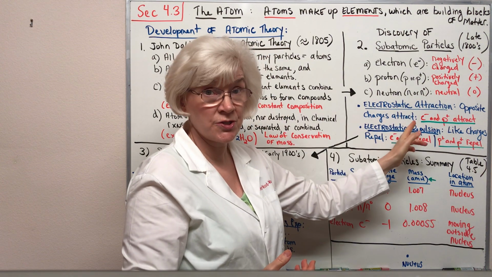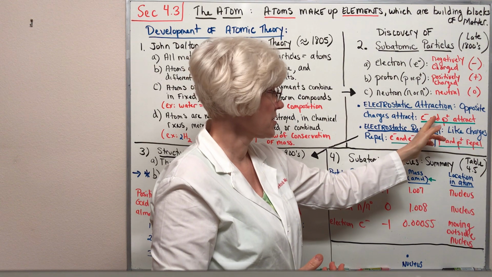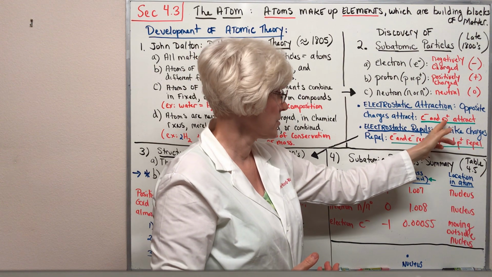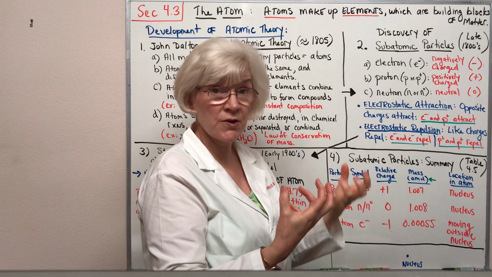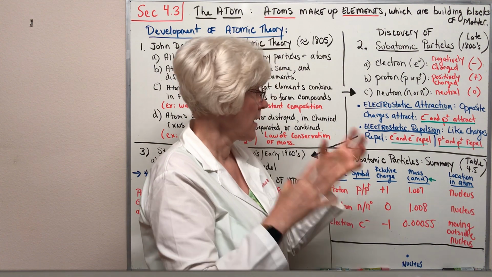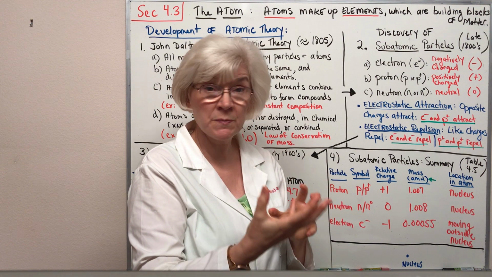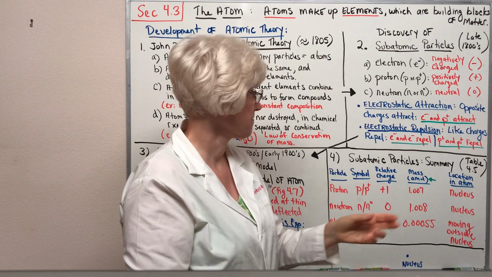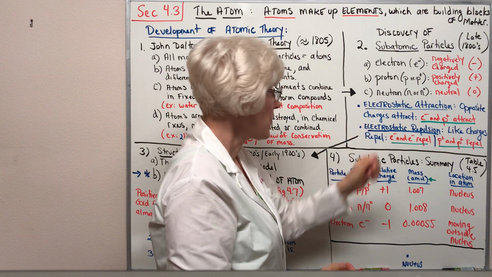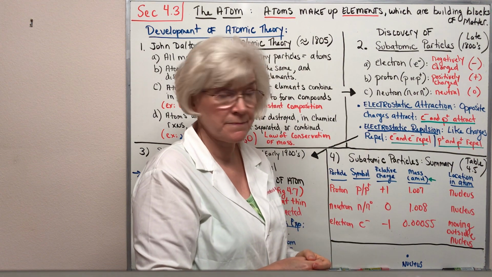Opposite charges attract. So an electron, which is negatively charged, is going to be attracted to a proton, which is positively charged. Electrostatic attraction, a powerful force of attraction that operates and explains the structure of matter and the behavior of matter.